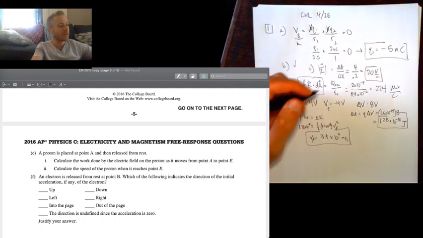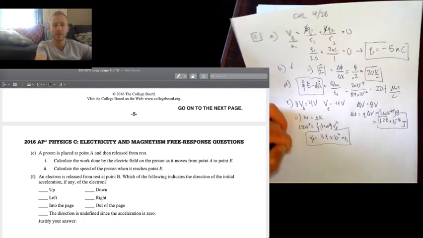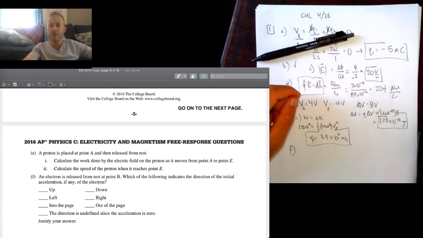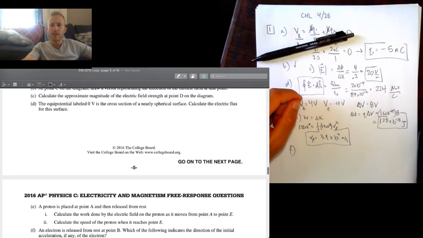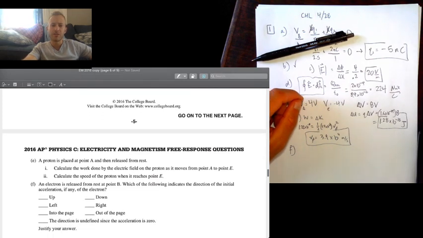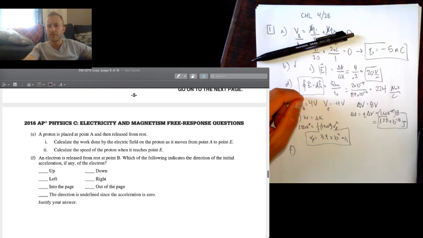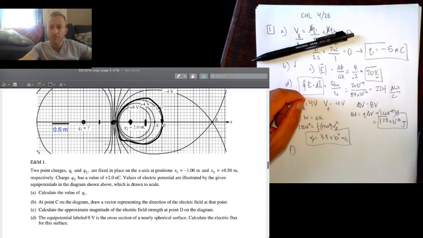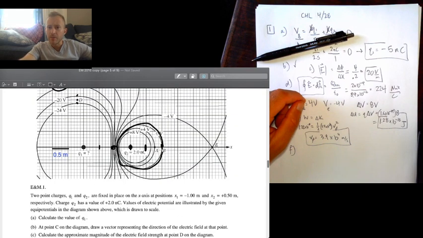And it just keeps going. This question just keeps on going. An electron is released at rest from point B. Which one of the following indicates the direction of the initial acceleration, if any, of the electron? So what we can see is that at point A, the direction of decreasing electric potential is this way.